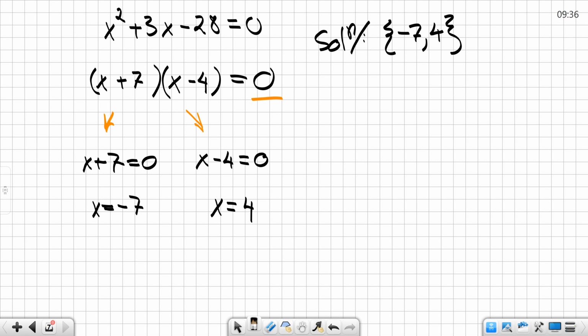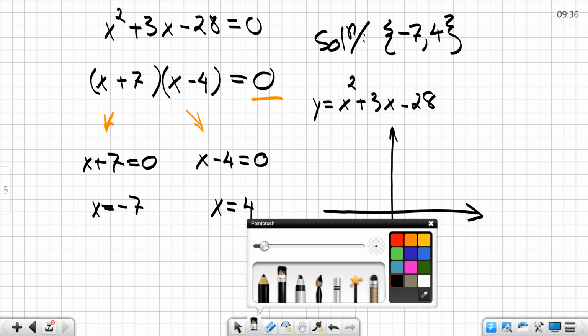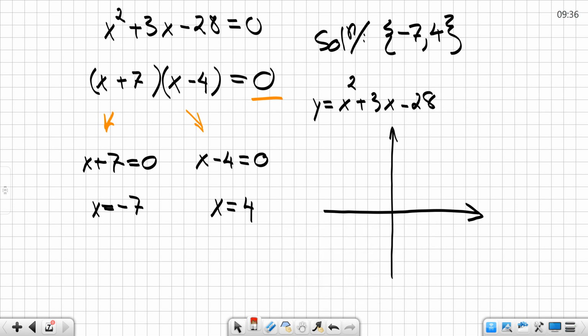Now here's the thing, I have not prepared the graph for this, but would it surprise you if I would tell you that for y equals x squared plus 3x minus 28, the graph should roughly look like the following? Let's see, where should it cross the x-axis? In other words, where are the x-intercepts?